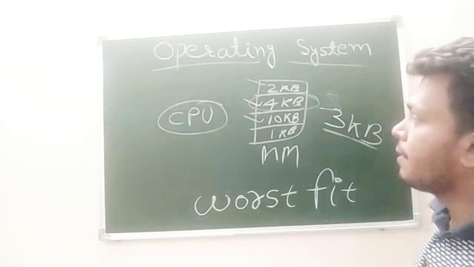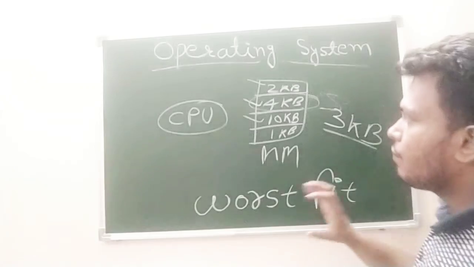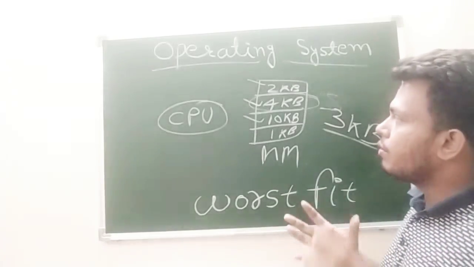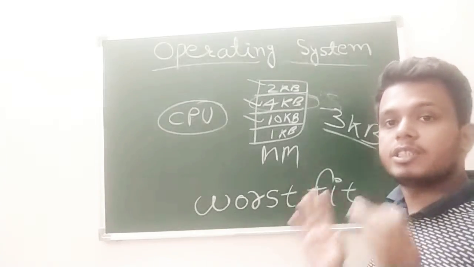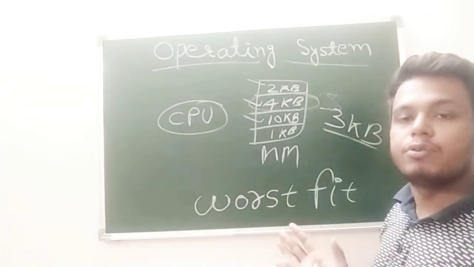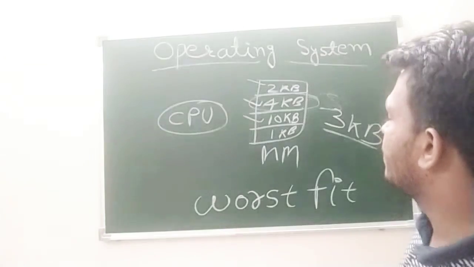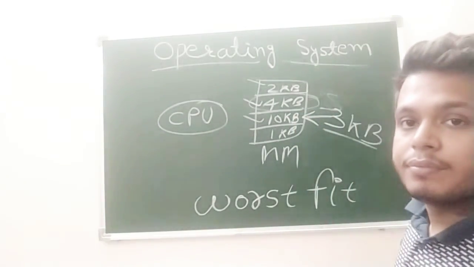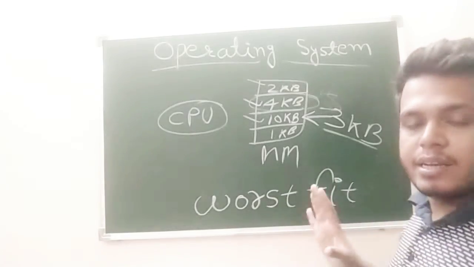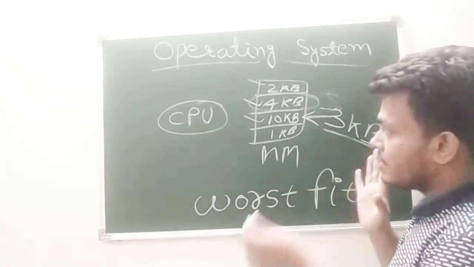But in the case of worst fit, we try to place the process in a block which is the largest among the available spaces. So we will simply put that process into this block. Yes, there is a wastage because it seems to be good.